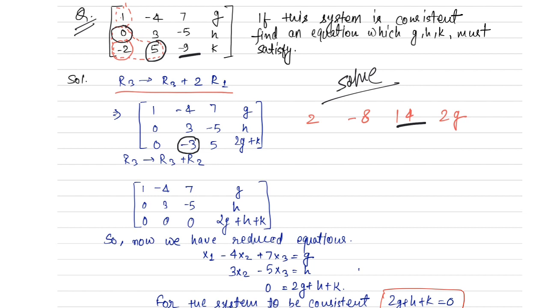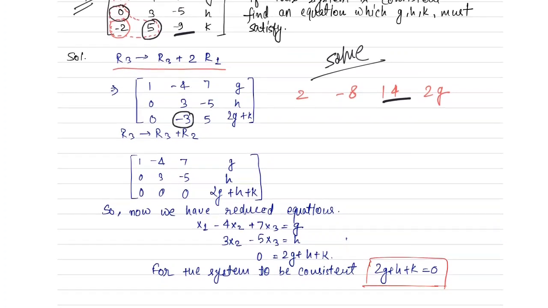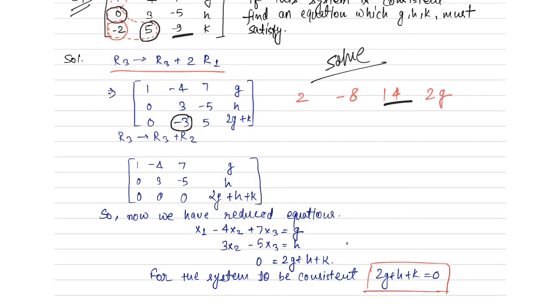So after adding row 2 to row 3, we get -3 plus 3, that is 0, 5 minus 5, that is 0, and here 2G plus H plus K. So from here we get 2G plus H plus K is equal to 0.